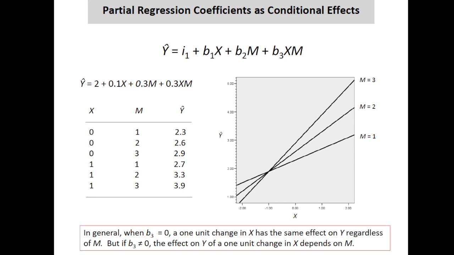So if you set B3 as 0, you go back to this model, one where X's effect is independent of M. Those lines would be parallel. As you deviate from 0, those lines then become non-parallel. The larger B3 is, the less parallel they are. So B3 is important.